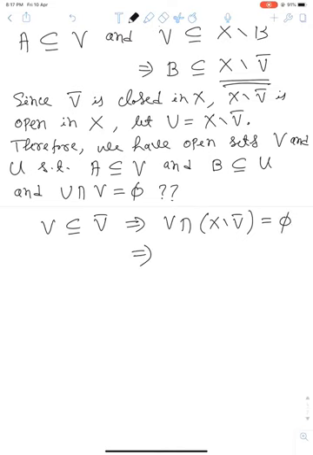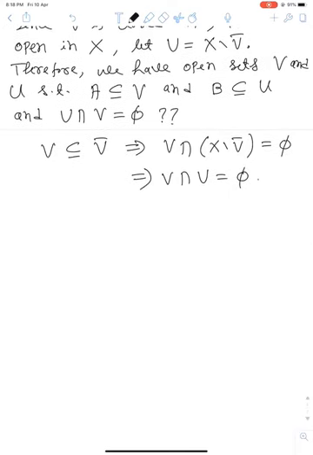That implies V intersection U is empty, right? So we are done. So that implies X is normal. So this completes the proof of this theorem.